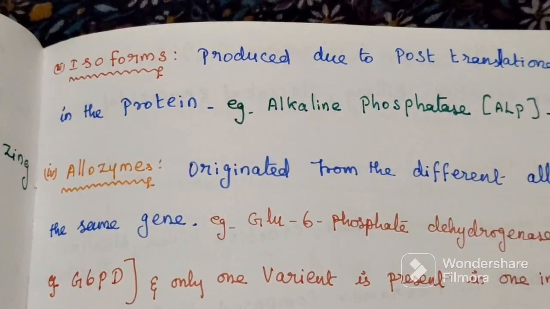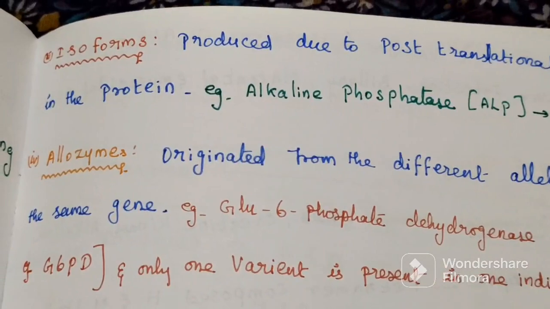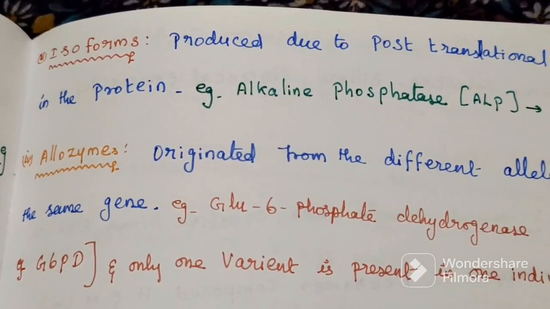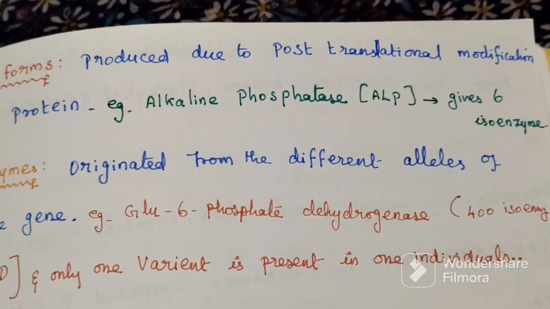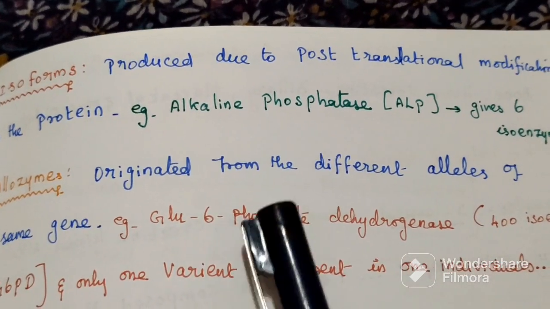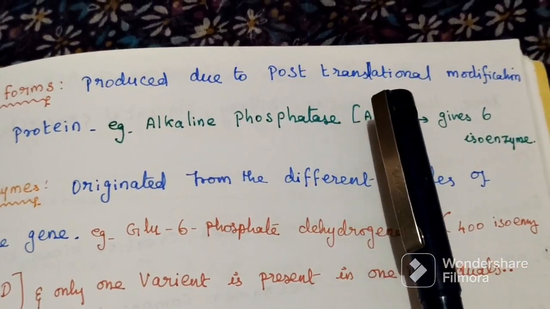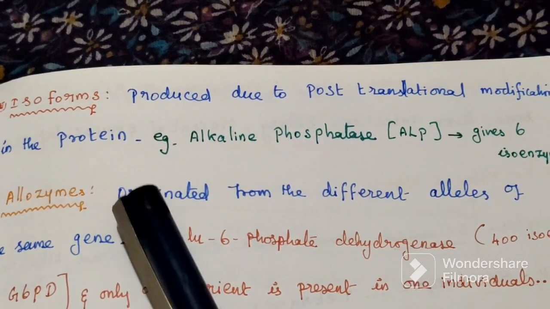Third one is isoforms. Isoforms are produced due to post translational modification of the protein.